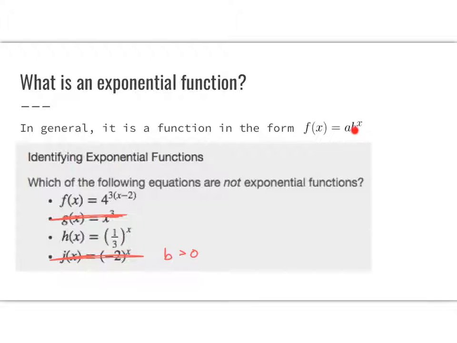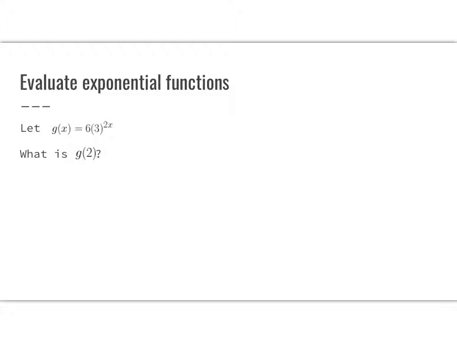We don't want our base to be negative, just because that can create the funkiness that as you plug in x values, like if you plug in 1, then 2, then 3, then 4, then 5, the values you're getting back are constantly alternating between being positive and negative, and we're just not going to mess with that.